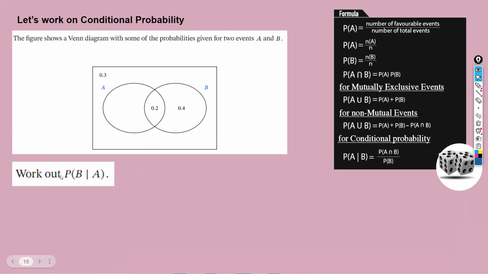They want us to work out the probability of B given that A has happened, right? So what will be the formula for that? Well, you need the probability of B and A happening, and then you have to divide it by P(A). If you have A after the slash, P(A) is the one that goes under.